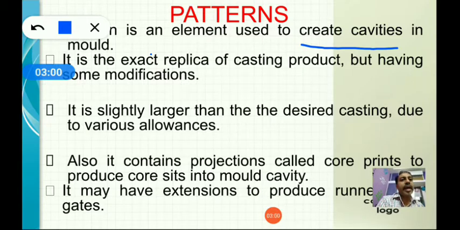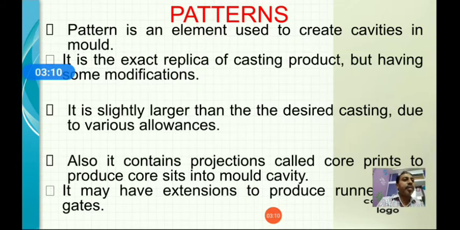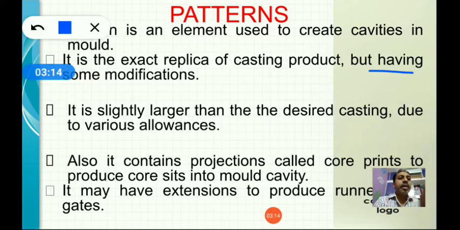Now, what is the pattern? It is the exact replica of the casting product, but with some modifications. What are these modifications?